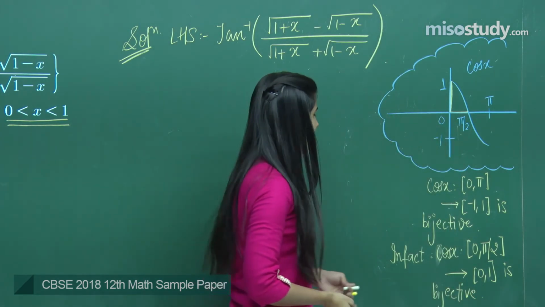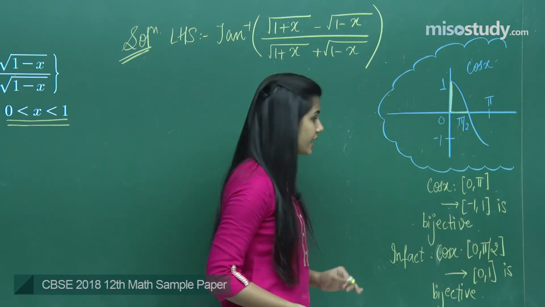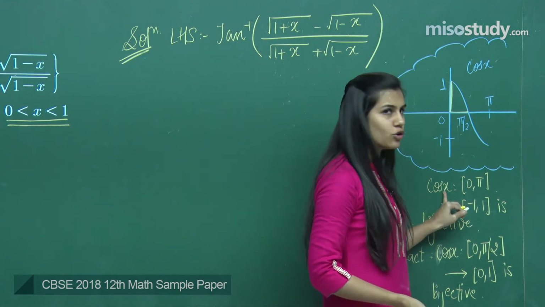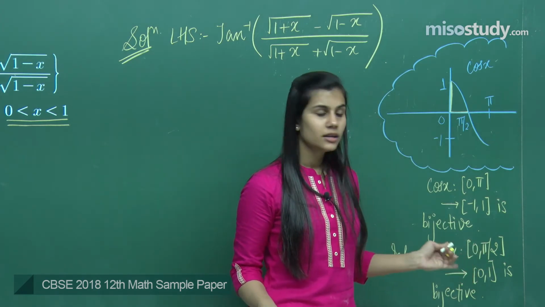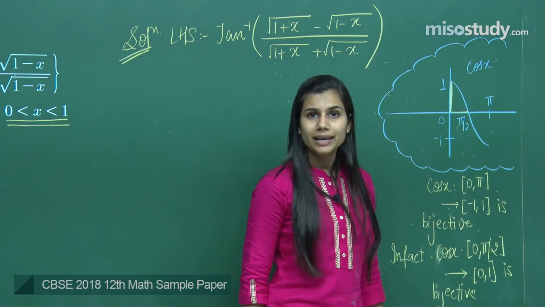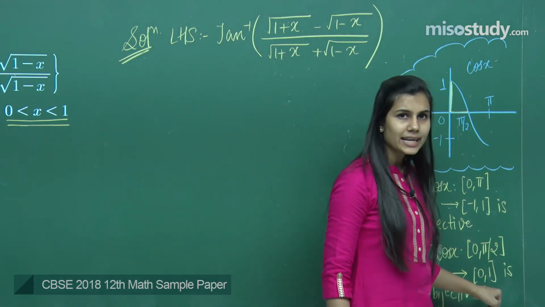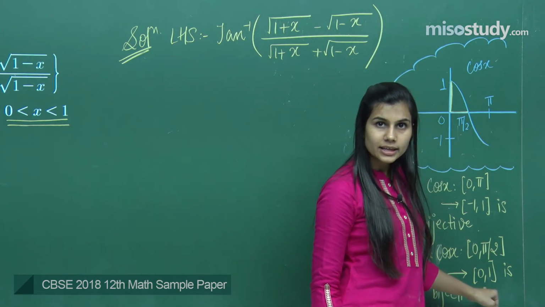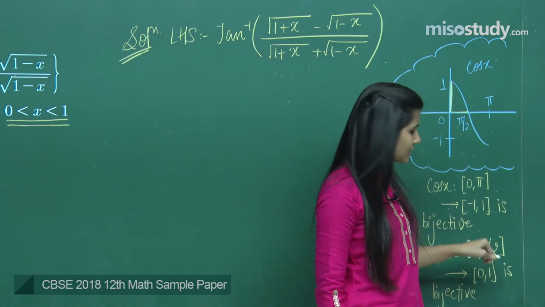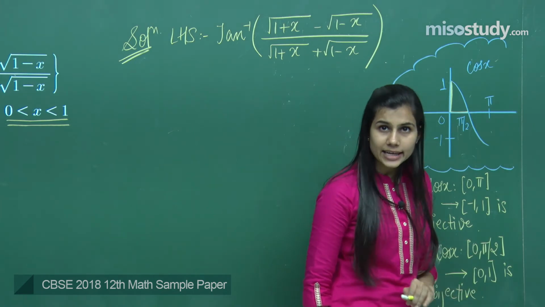correct? And if cos x is behaving this way, no doubt cos of any angle sitting over here is behaving the same way. So if cos x from 0 comma pi by 2 to 0 comma 1 is bijective, that means for every x belonging to 0 comma 1, there is a theta inside 0 comma pi by 2 such that cos theta is that x.